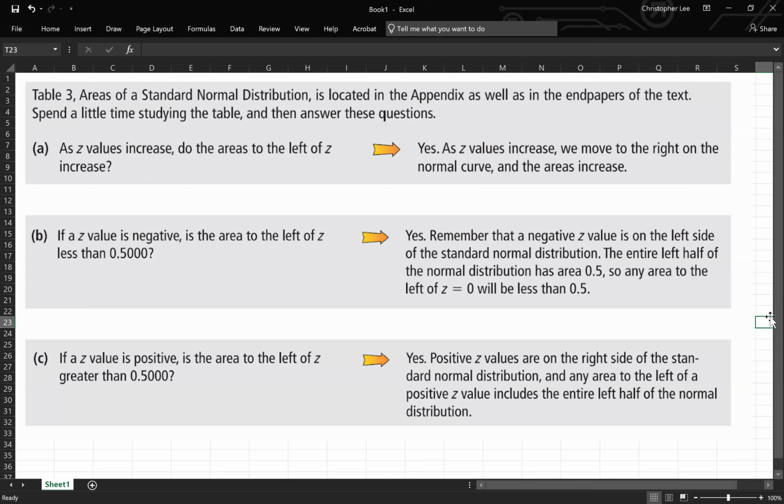Because 0.5 is the dead middle, right? That's half of the graph. So if the z is negative, it's to the left of that, so it must be smaller than half of the graph, right? The area to the left of it, at least. If a z value is positive, is the area to the left of the z greater than 0.5?